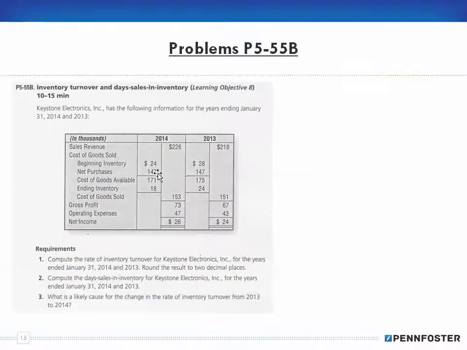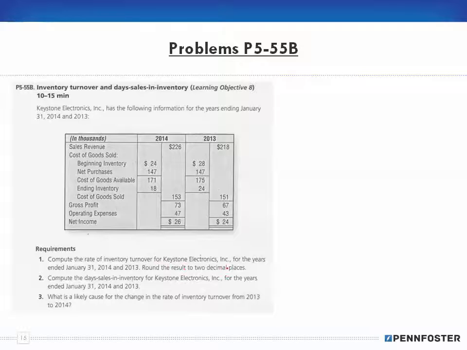All right, so problem 5-55. It says here, Keystone Electronics has the following information for the years ending January 2013, 2014. Number one, compute the rate of inventory turnover for Keystone Electronics for the years ending 2013, 2014.